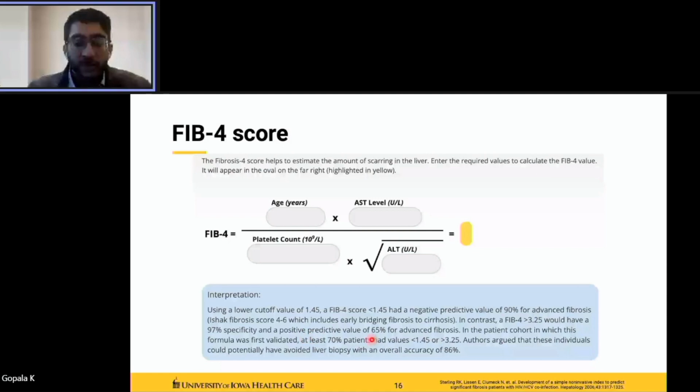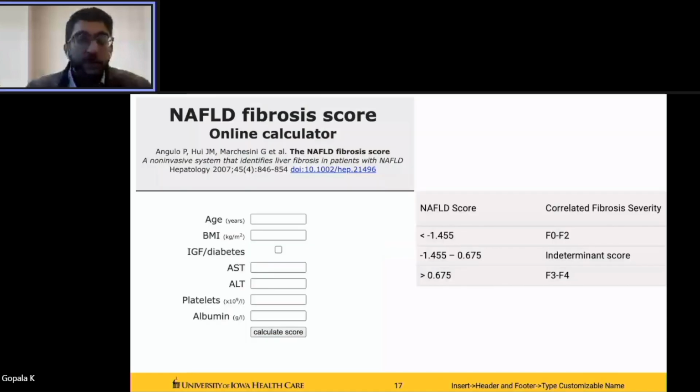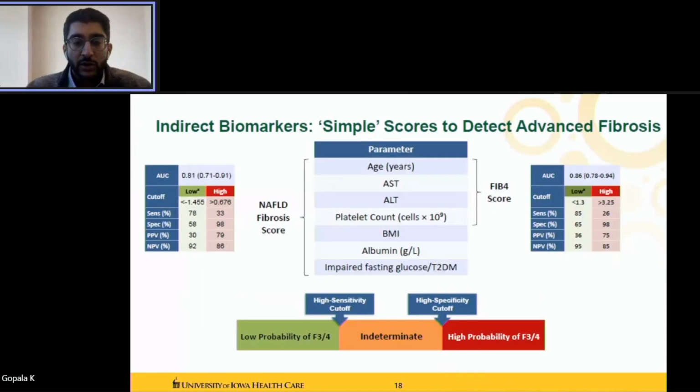advanced fibrosis. So this is the other score, the NAFLD score, or NFS, and it has a few more things that you can enter in, and essentially it'll also spit out a number. So if it's very low, it's less likely to have fibrosis, or if it's very high, it's likely to have fibrosis, and in between is kind of an indeterminate score.